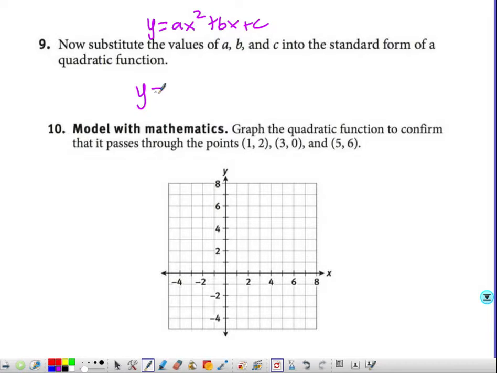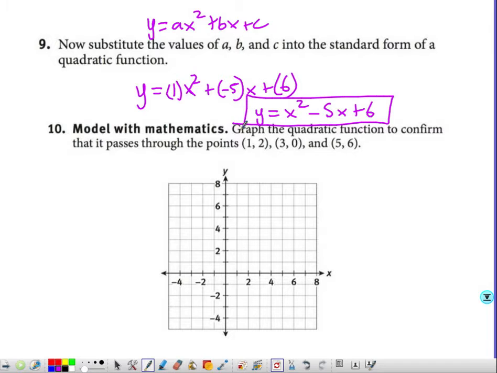And all I have to do now is just plug it in. A is 1, x squared, plus b, which is negative 5, x plus c, which is 6. Let's just simplify everything. Y is equal to x squared minus 5x plus 6. Here is my quadratic equation.